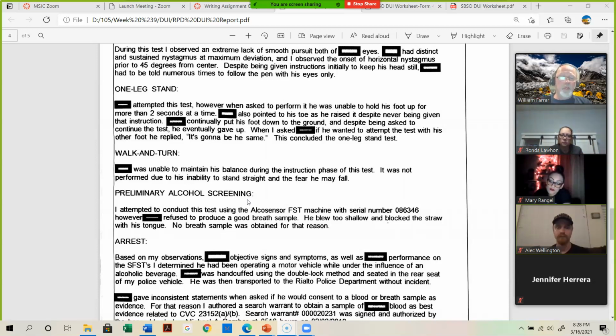And again, if you don't want to do the walk and turn, you want to do the finger to nose, if that's what you see on the video, you can do that. This is just to kind of help you reference it. Does that kind of make sense to everybody? But what I don't want to see is a word-for-word copy to where it looks exactly the same. Use your own words, but use this report as a guide to help you so you don't get lost in all that stuff.